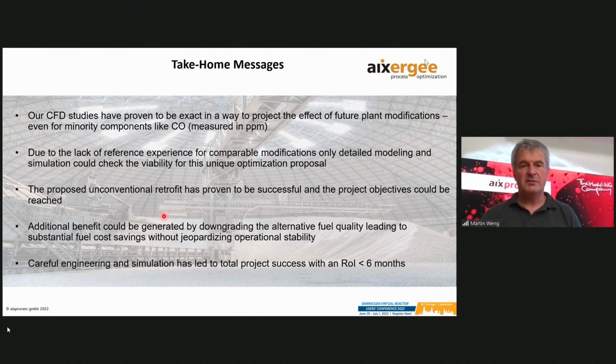The additional benefit to downgrade the fuel that is used is an important aspect in terms of availability of these fuels. This careful engineering has led to a total project success with an ROI of 6 months. And there are other examples of these small modifications in suspending the material, either meal or fuels, to bring them in the right ratio and to combust and transfer the heat.